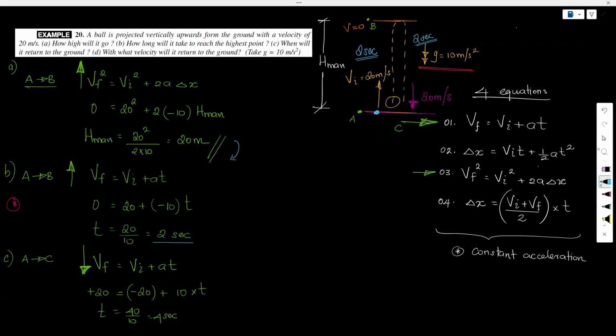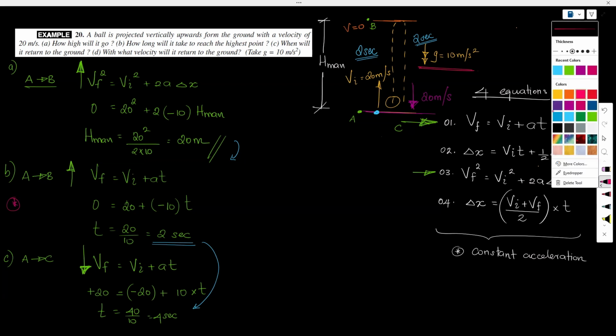So double the time it takes to go up would be the time it takes to come back to the same position. So that is going to be 4.